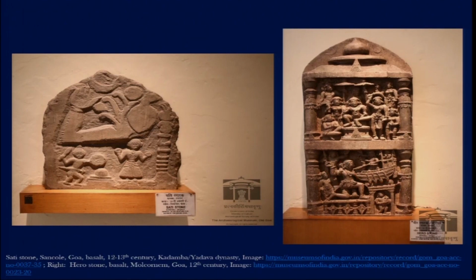So all these details incorporated as part of making these hero stones are quite different from the other ones, like the Sati stone that we have on the left side of the screen, and many other things.